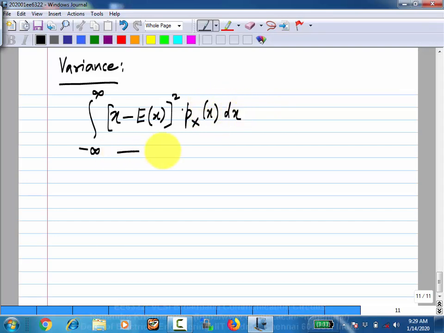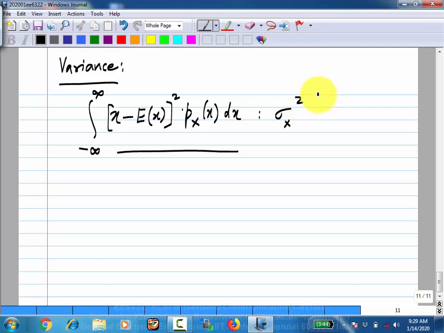So you first subtract off the mean and then find the average square over the density function. This gives you the variance, and it's usually denoted by sigma x square.